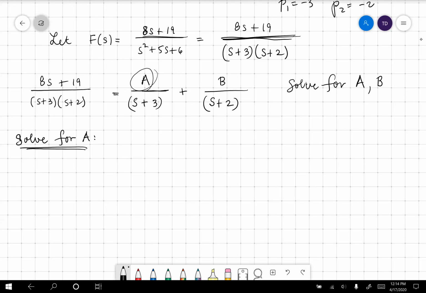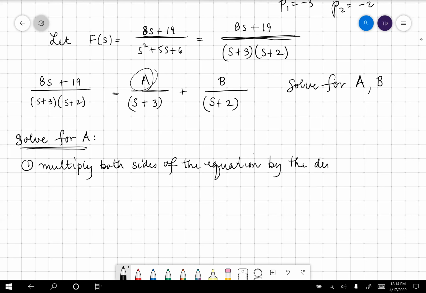So I'm going to solve for A. Step 1 is multiply both sides of the equation by the denominator of A. That means multiply both sides of the equation by s plus 3.